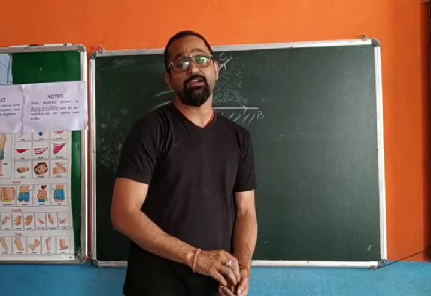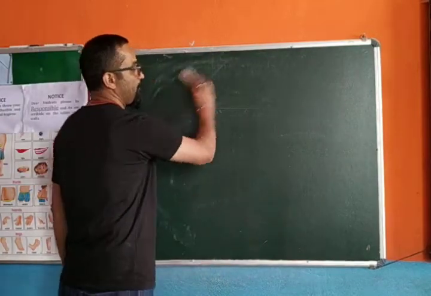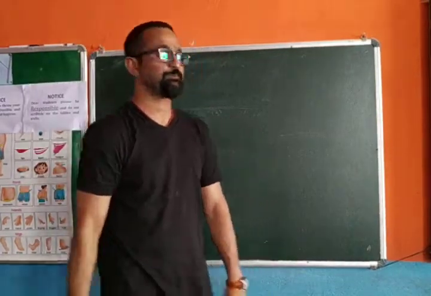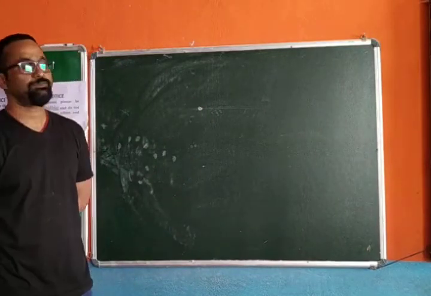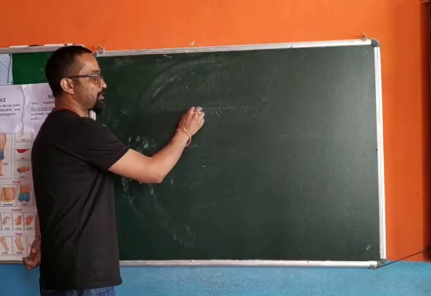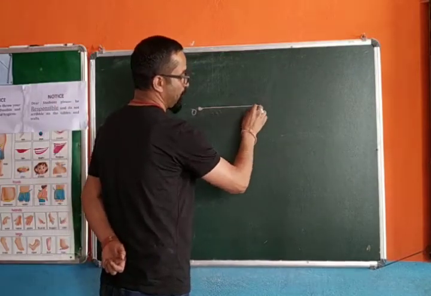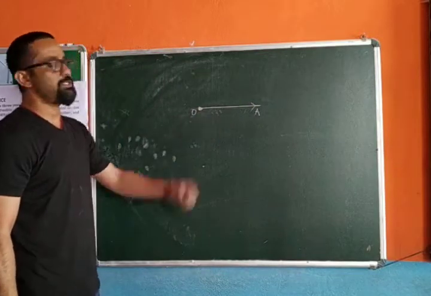Formation of angle by rotation. Look at this one, you'll understand better. O is a fixed point. You have a ray.